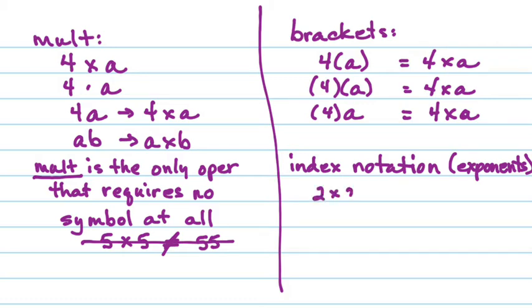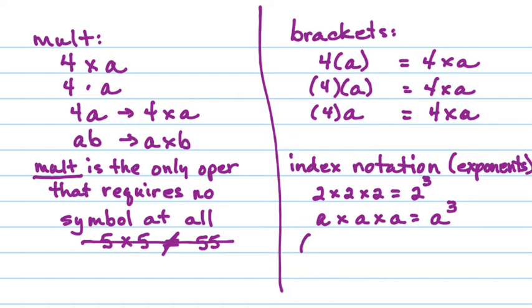So for example, if you had 2 times 2 times 2, we could write that as 2 to the third power. Power is another word for exponents. And we can do the same thing when we have letters. So if I have A times another A times another A, that would be A to the third power. So just like we had before.